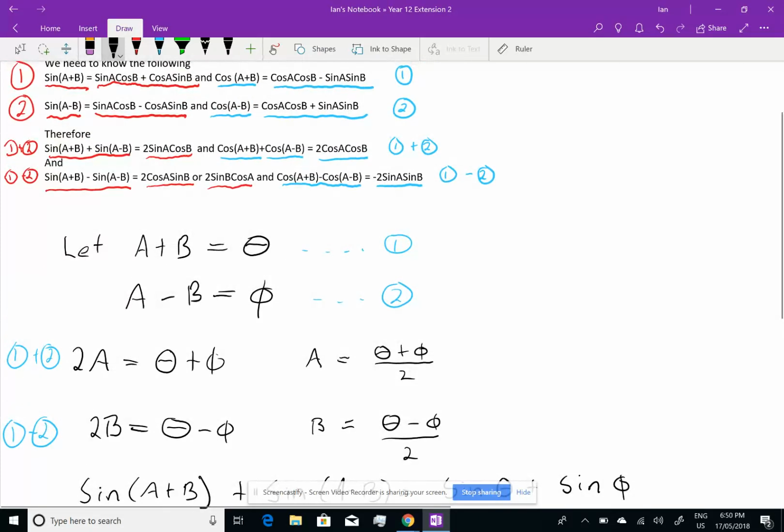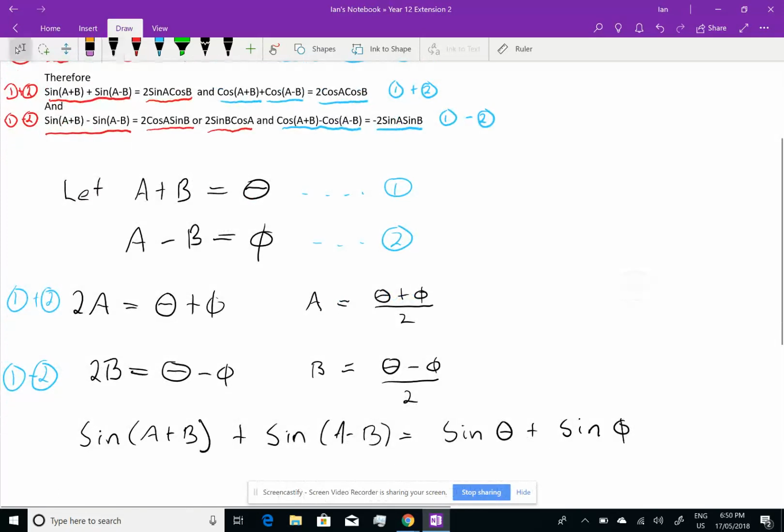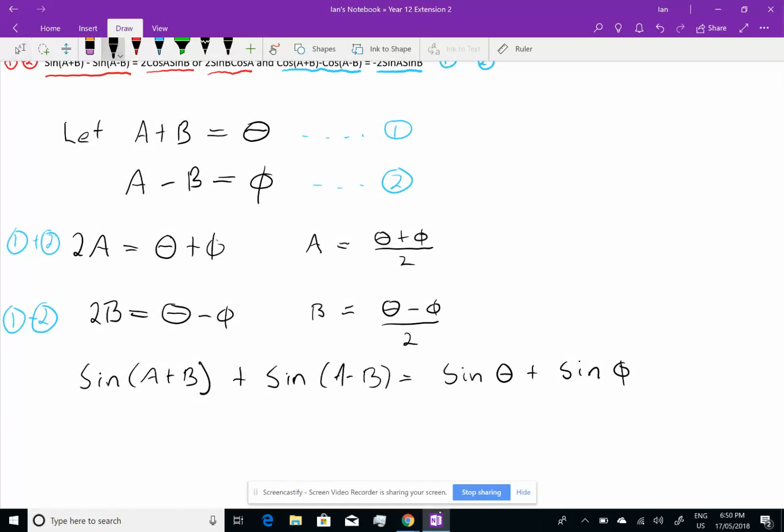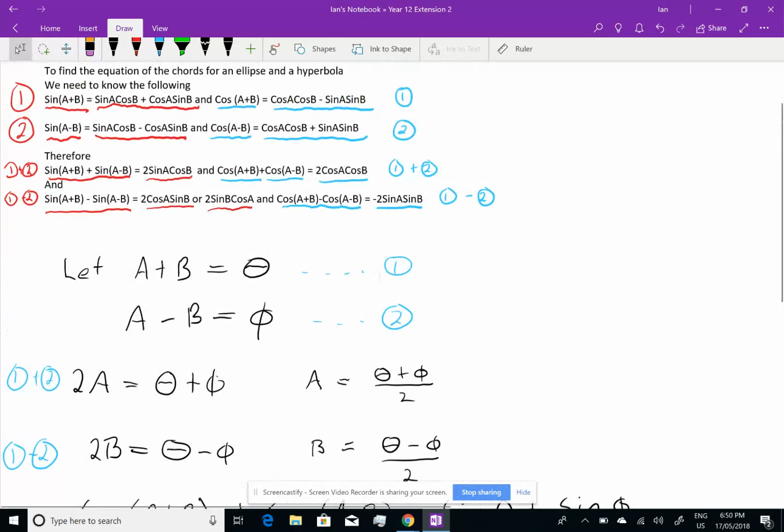We know that sine A plus B plus sine A minus B, according to the law, is 2 sine A cos B. So it equals 2 sine A cos B. That's from these things up here. Right, look up here.